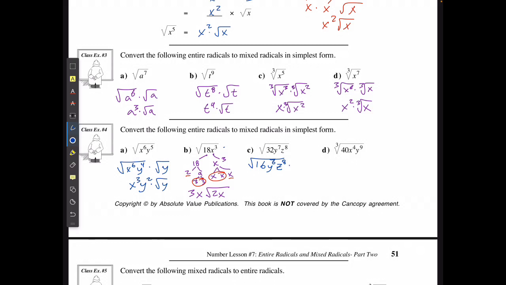Well, 32 divided by 16 leaves me with 2. Y, I took away 6, so I'm left with 1. And I took out all the z's. So the square root of 16 is 4. Square root of y to the 6 is y cubed. And square root of z to the 8 is z to the 4. And square root of 2y.